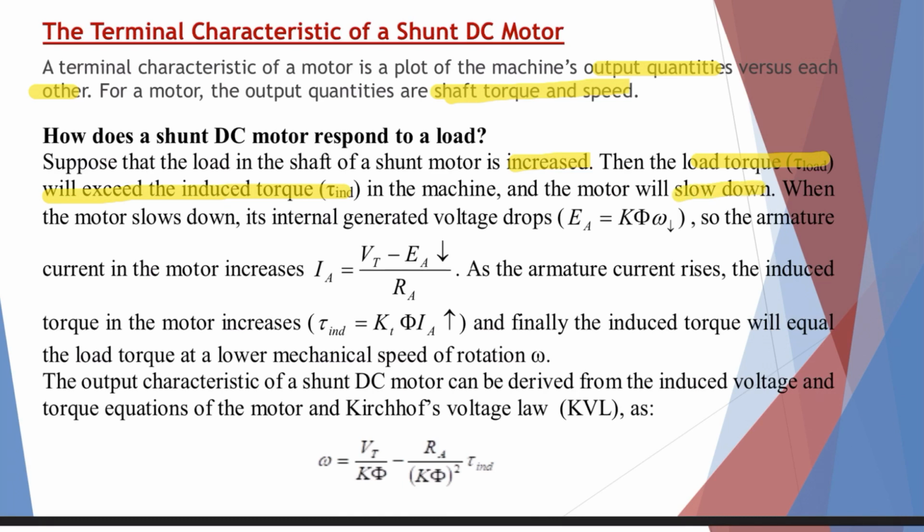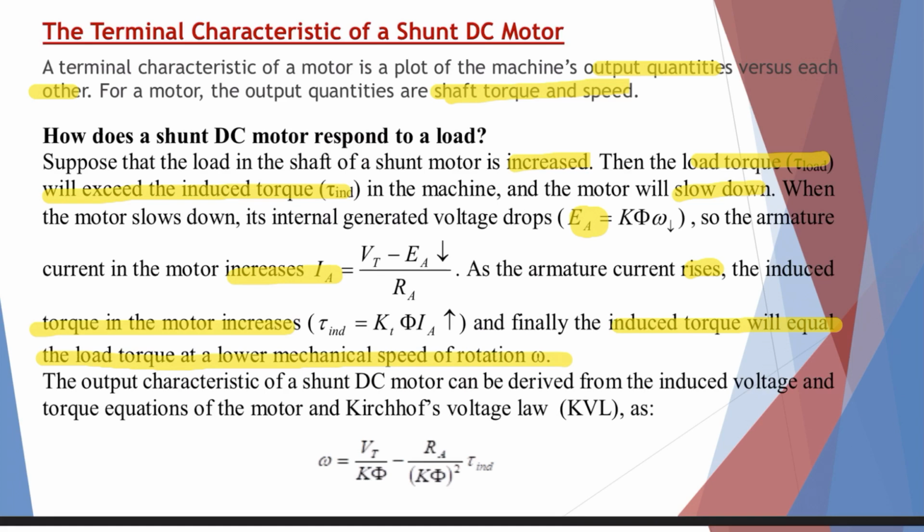When the motor slows down, the internal generated voltage EA decreases, so the armature current IA in the motor will increase. As the armature current increases, the induced torque in the motor increases. Finally, the induced torque will equal the load torque at a lower mechanical speed of rotation.